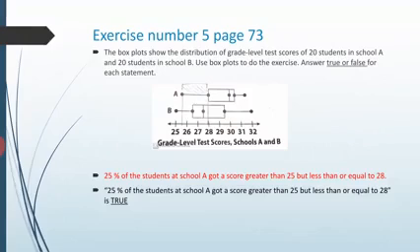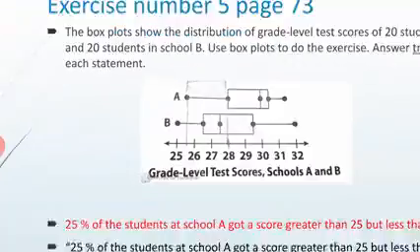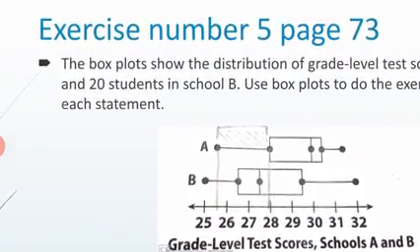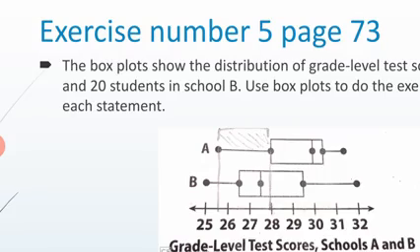Exercise number 5. We have the same box plot, and this time the statement is: 25% of the students at school A got a score greater than 25 but less than or equal to 28. 25% is the distance from the first point of the box plot to the first point of the rectangle.